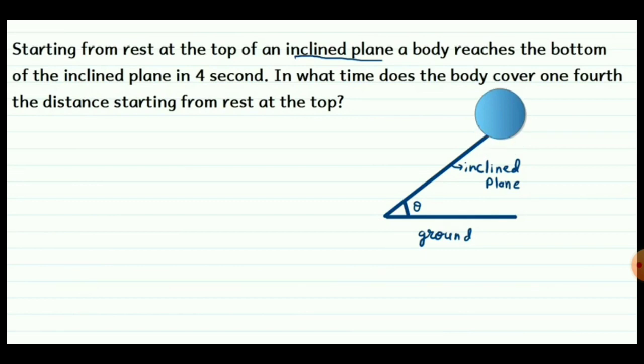Now suppose something is at rest at the top of the inclined plane. So let us suppose this is a ball which is placed at the top of the inclined plane. Now if it is at the top, it will not remain at rest.